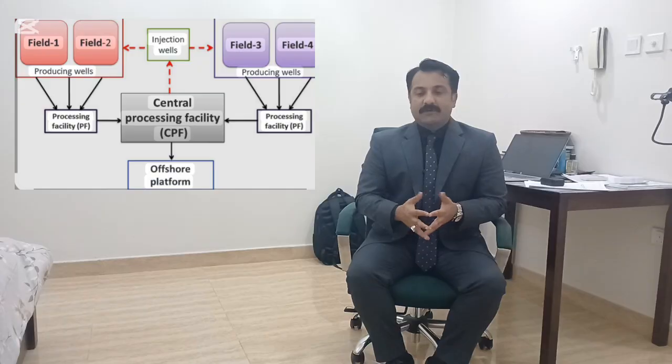We have to install these in upstream because the fluid coming from the well has different phases. It has some salt and water, metal, mud and other kinds of impurities that are not good for the health of the downstream system, or some acid gases.